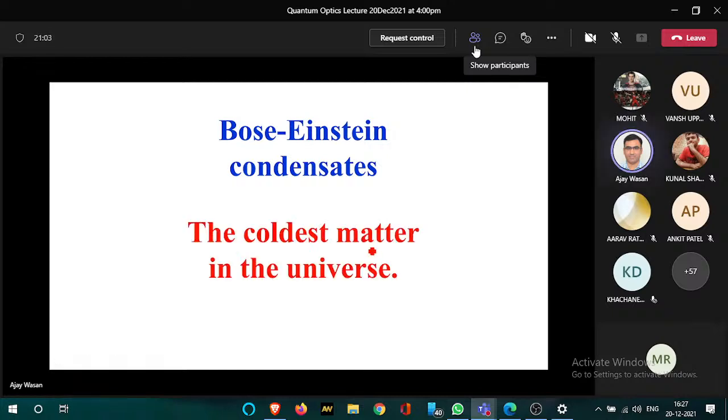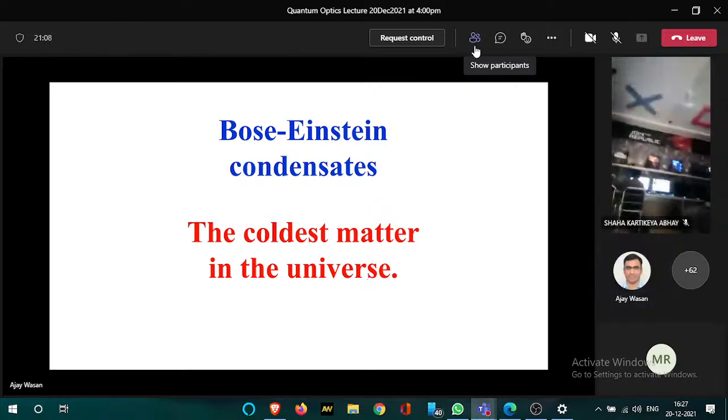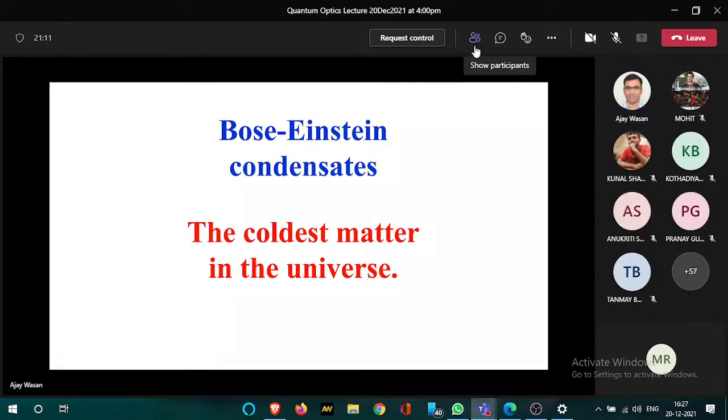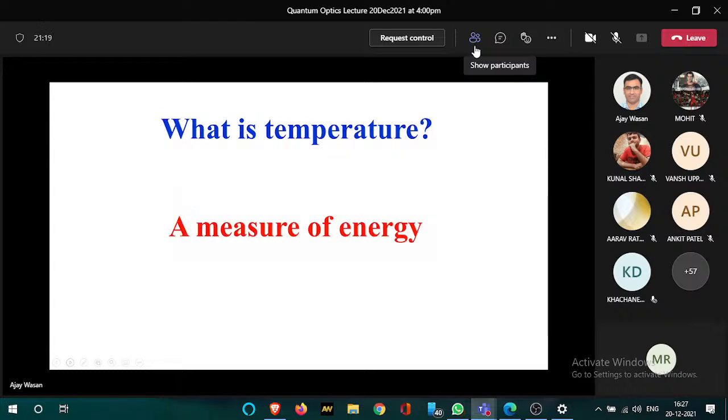This is the coldest matter in the universe, because we have to make the atoms very cool. What is temperature? The question comes, what is temperature? It is a measure of energy. The more the temperature, the more energy it has.